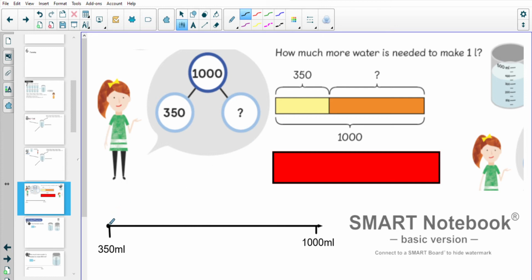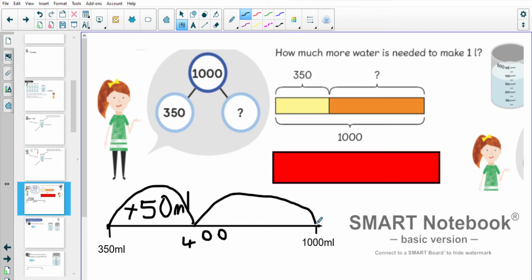And you might want to think of it as a number line, I always do, because I know that if I add 50 millilitres, I get a multiple of 100. So 350 plus 50 is going to be 400. And then it's quite easy to get from 400 to 1,000. I'm just going to do this in one big jump.